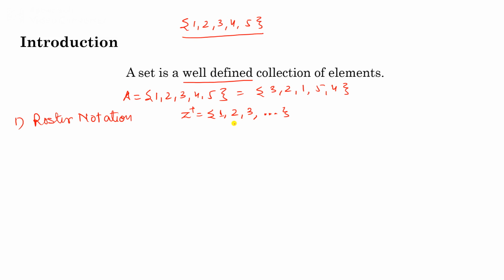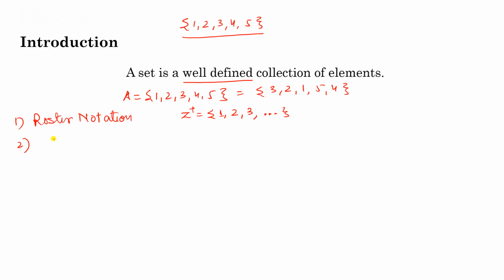So in this way you can represent infinite numbers using these 3 dots or ellipsis. So this is the roster notation where we list all the elements, either writing all the elements or writing in this form.